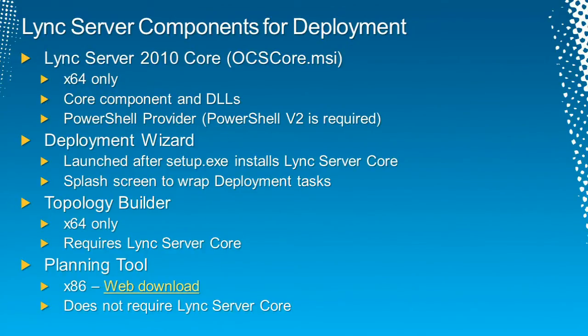We have Topology Builder, which is also 64-bit only. It sits on top of Lync Server Core, but it can be installed on a separate machine. For example, I have this installed here on my notebook, although I don't really have a deployment on the back end. So on my notebook, I have a core and I have a Topology Builder.